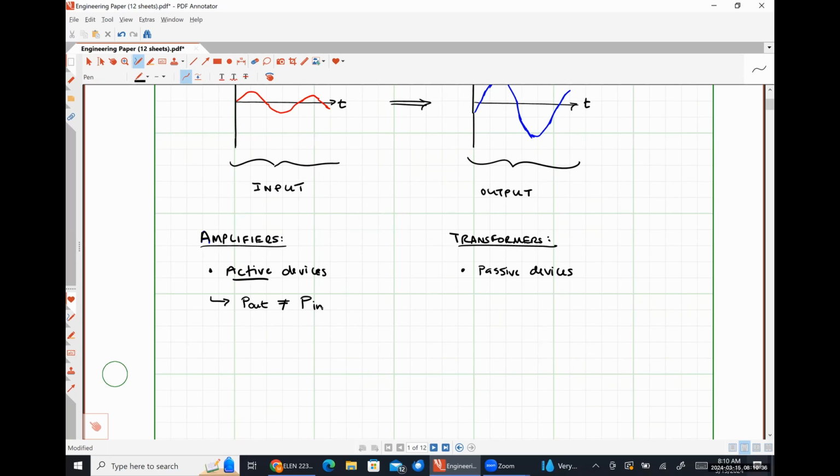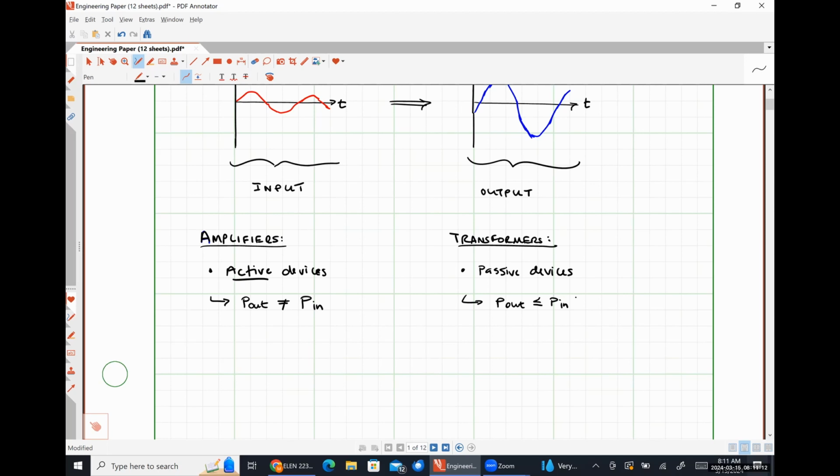So, like I said, in an amplifier, the output power doesn't necessarily have to equal the input power, and we can have situations where the output power is greater than the input power because we're taking power from our supplies and applying it elsewhere. In a transformer, though, the output power will always be less than or equal to the input power because it is inherently a passive device.